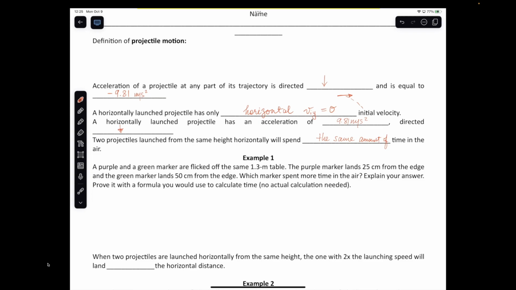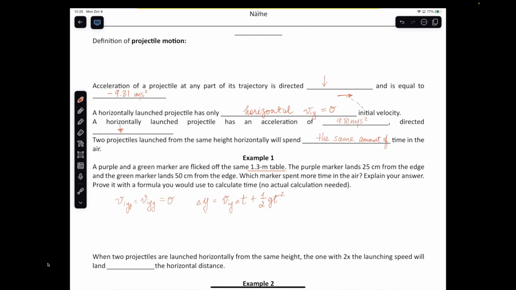Example 1. This is like the marker lab that we had together in one of the first classes on projectile motion. So two markers launched horizontally from the same height. Since v initial y purple and v initial y green equal each other and equal 0, then they only have vx. You know the formula for vertical displacement is v initial y change in t plus 1/2 g t squared.